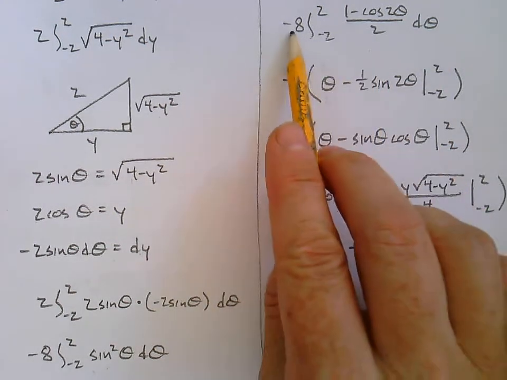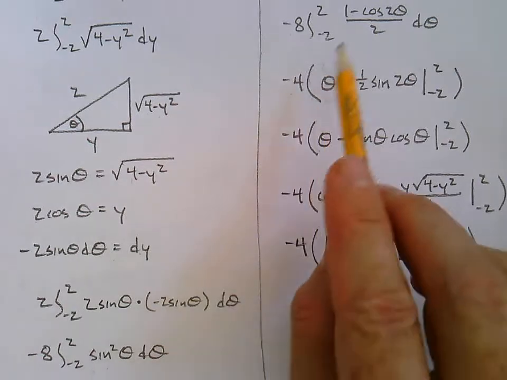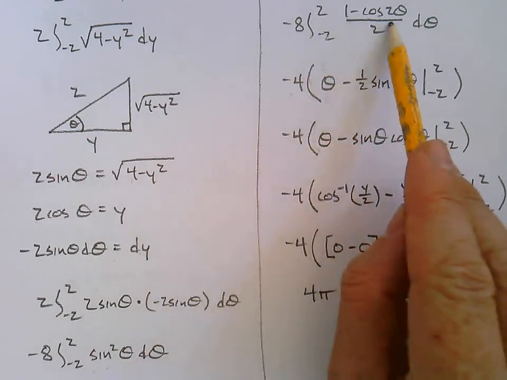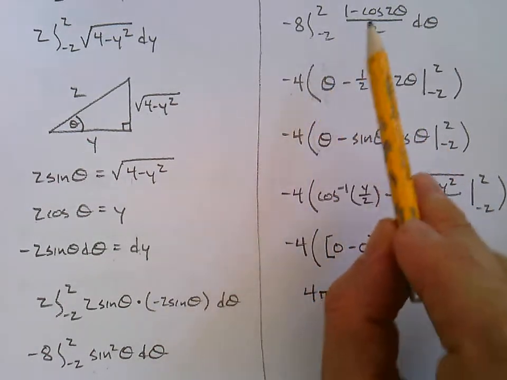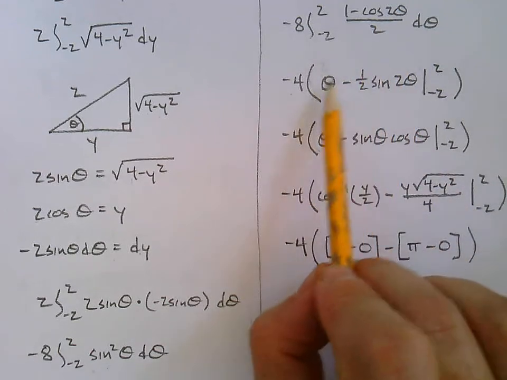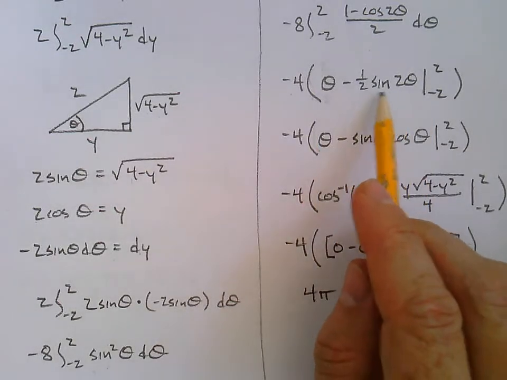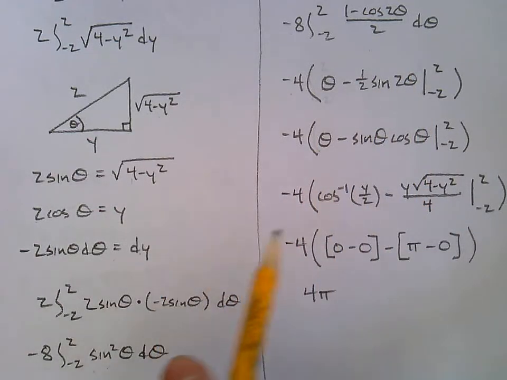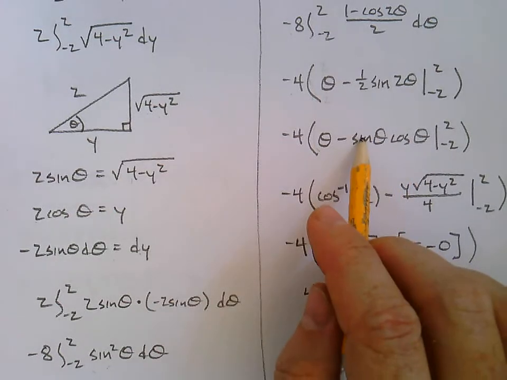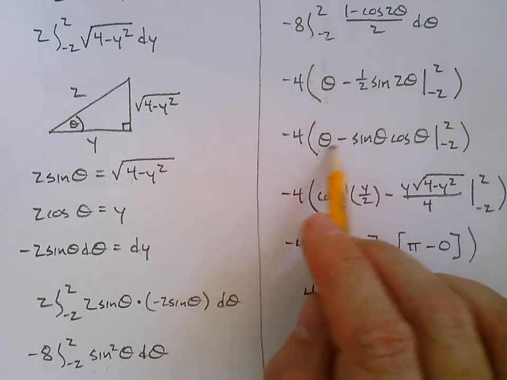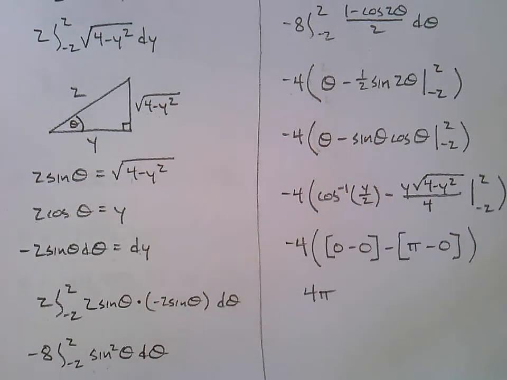Bring that 2 out to make a -4, and then let's just go for the antiderivatives right now. So we got theta, and for cosine 2 theta, that would be 1/2 sine 2 theta. Recognize that sine 2 theta is 2 sine theta cos theta. So the 2 and the half cancel, so we get this line here.